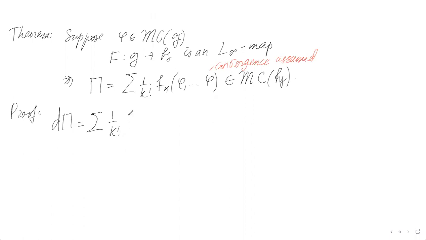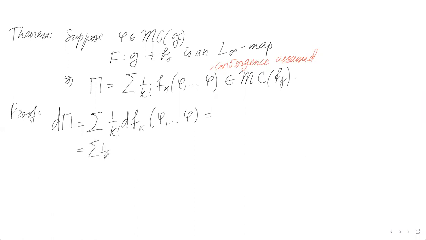1 over k of d of f_k of phi, comma phi, comma phi. I omit all the signs and just skip them because it is really too hard to take care of them unless you read something in the paper. On the whiteboard it is almost impossible to trace all the signs. But believe me, it is doable.